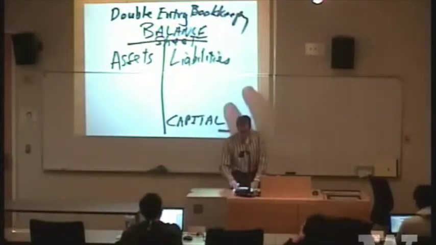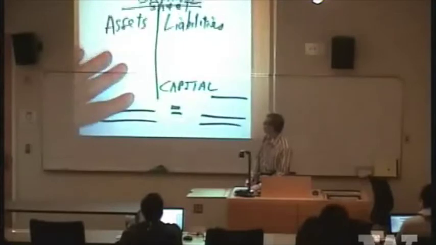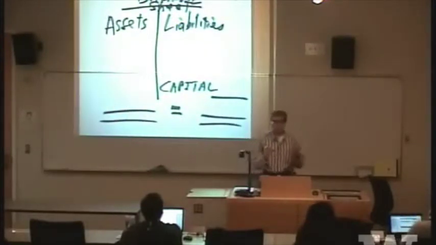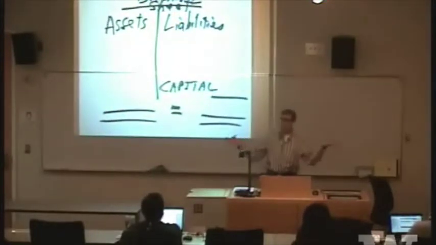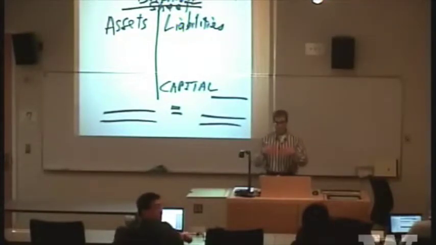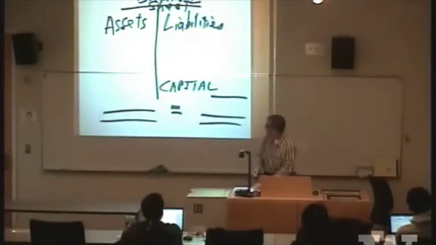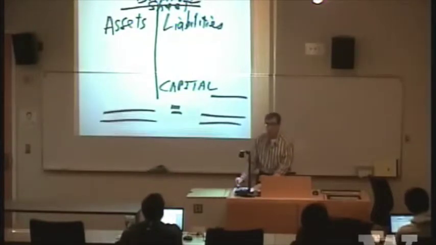Just a couple of simple examples here, just to make the point that for every debit there has to be a credit. Every time you do something on here, at the end of the day, you still have to have identity between these two. The totals have to equal.